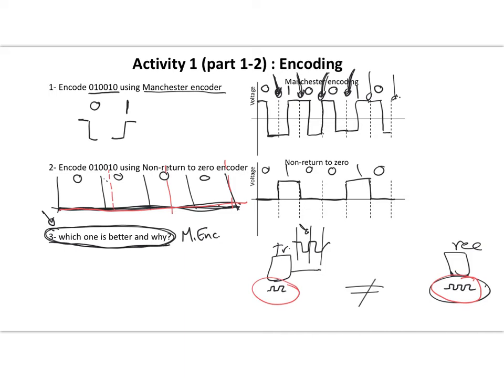So what is the conclusion here? The conclusion is that clocks are mandatory to preserve the synchronization, but they are not sufficient. If you're using clocks and you're using something like non-return to zero with a straight zero voltage that does not tell you anything about the bit boundaries, then you can lose synchronization easily.